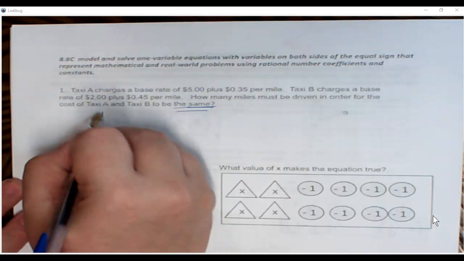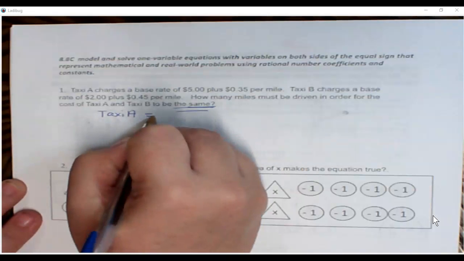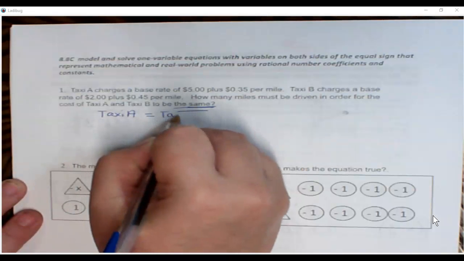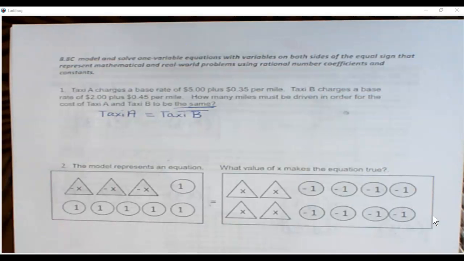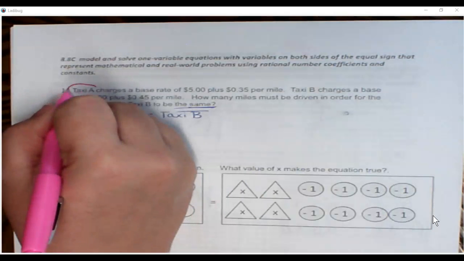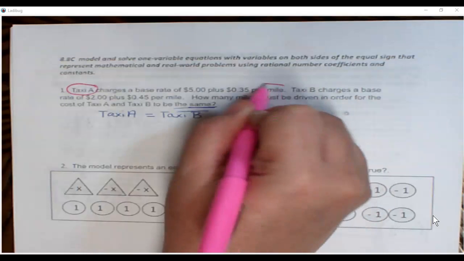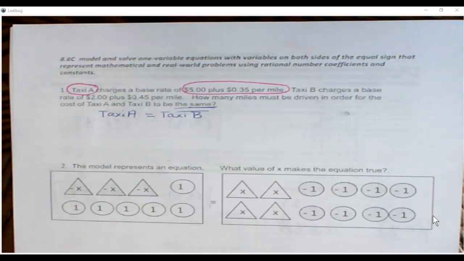So I'm going to come over here, and first I'm going to make my labels. Taxi A, we want it to be equal to or the same as Taxi B. All right, so next we need to go find the information to make our equation. So Taxi A we wrote first, so let's go look up information for Taxi A. $5 plus 35 cents per mile.